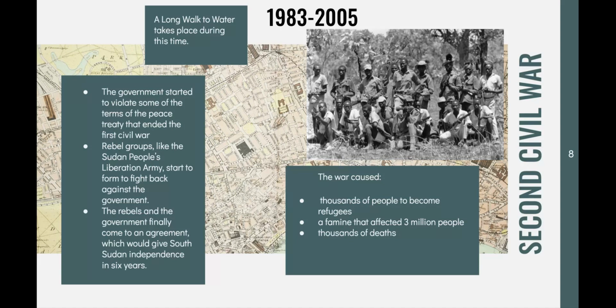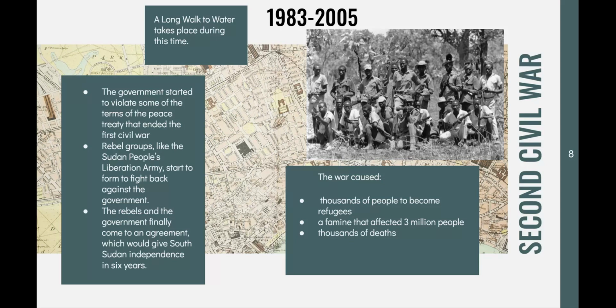So, in that 10-year time frame, tensions were just starting to rise, and rebel groups like the Sudan People's Liberation Army started to form. And these were groups that were not official organizations. They were what you would call guerrilla organizations, where they would use quick striking tactics to get back at the government. And often that meant a lot of collateral damage with their own people.